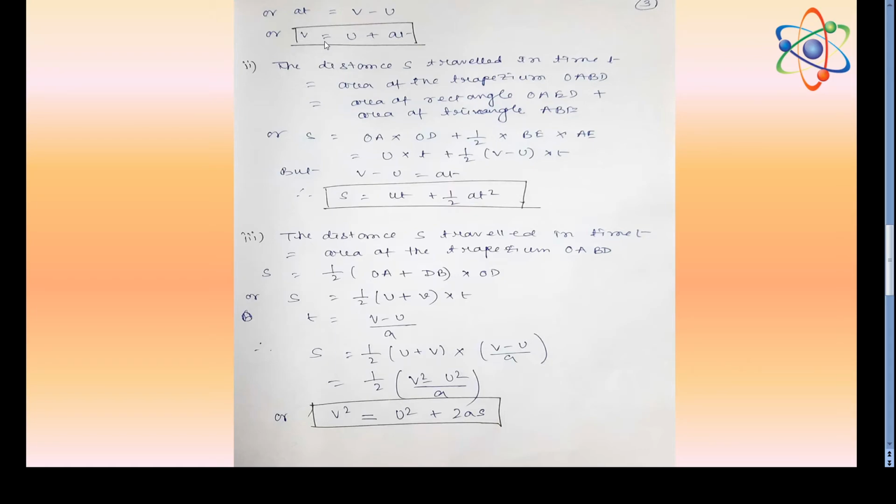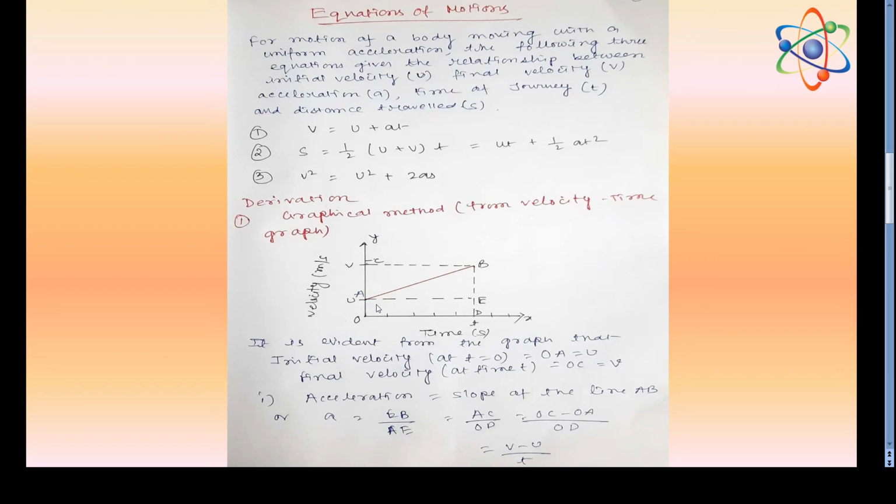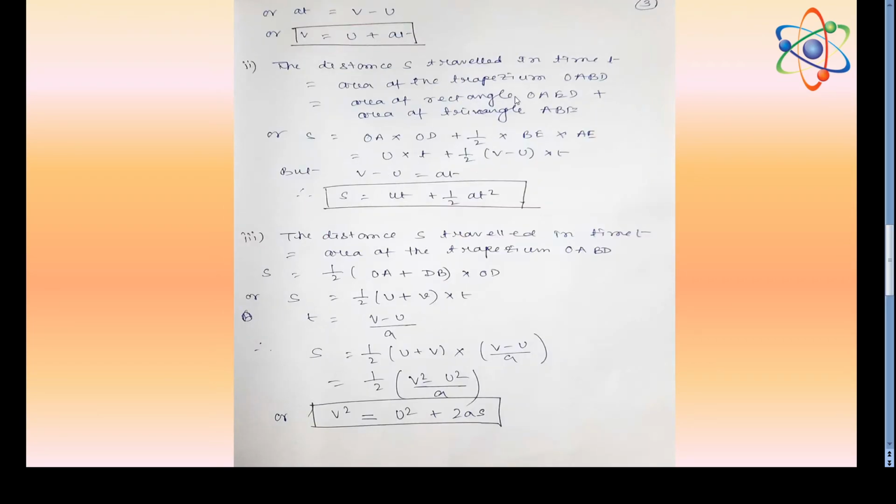Now for the second one, the distance s traveled in time t will be the area of the trapezium OABD. This is a trapezium, this full area. This full area means the area of the OAED rectangle plus the area of this ABE triangle. So area of the rectangle equals OA into OD, length into breadth, and area of the triangle is half into base into height, BE into AE.